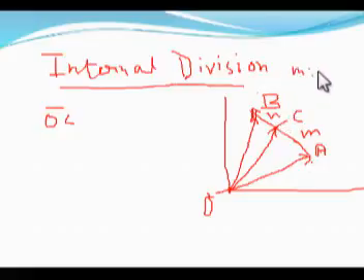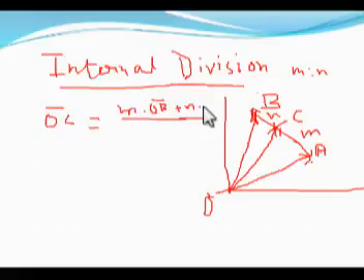It means if the length AC is n centimeters, then the length of BC is m centimeters. So what will be the OC vector? The position vector of C will be m into OB vector plus n into OA vector, by m plus n.